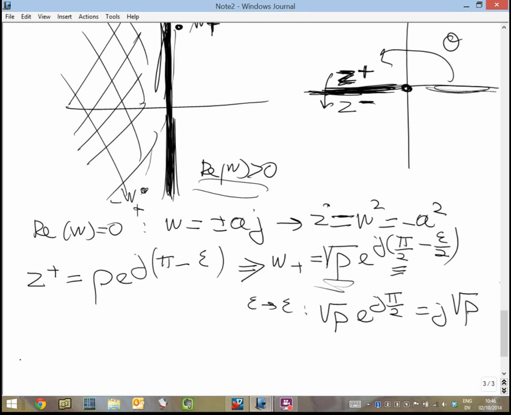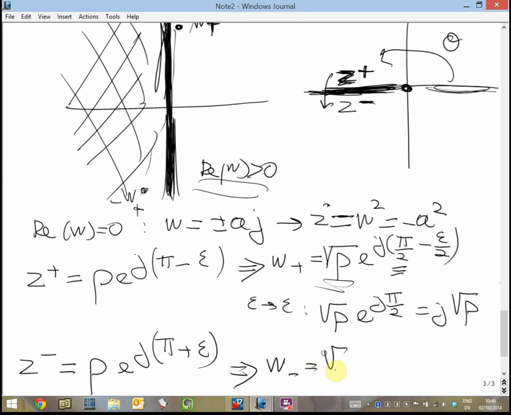Let's move to Z minus, which is a point below our branch cut. It has the same radius rho, and it has a phase which is roughly pi, but this time the phase is a little bit higher than pi, because we're lying below the branch cut. So, what is a possible solution? What would be W minus?